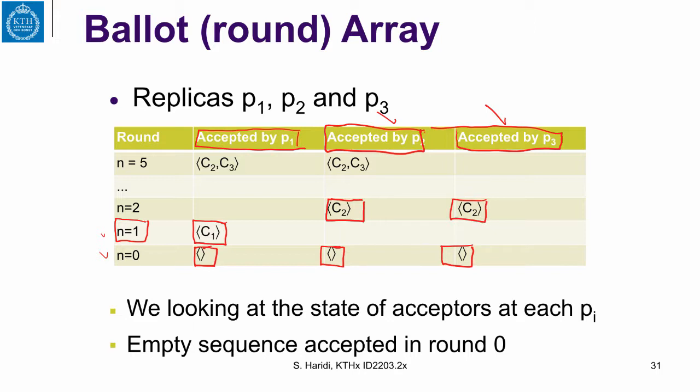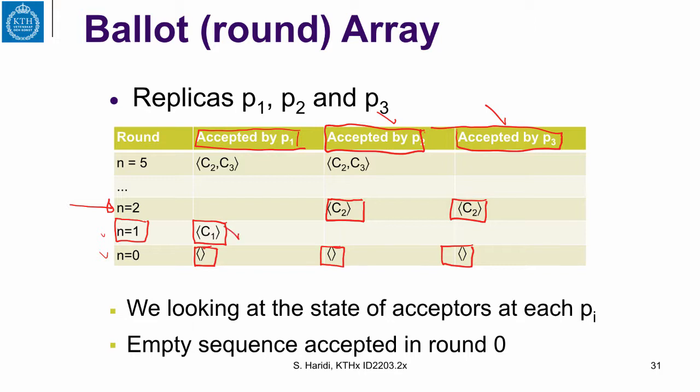Observe at this stage we have a majority for the sequence C2. And also observe that at this round P1 did not accept any sequence. The latest sequence accepted by P1 was at round 1, which is C1.